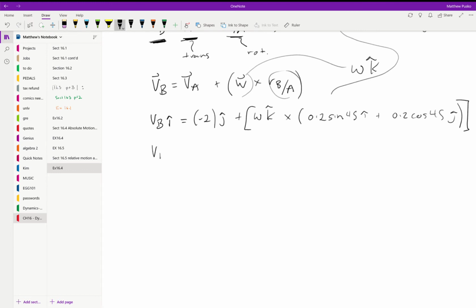The velocity of B in the I direction, taking it another step. Just copy the component of the velocity of B back down, and now let's take the cross products.